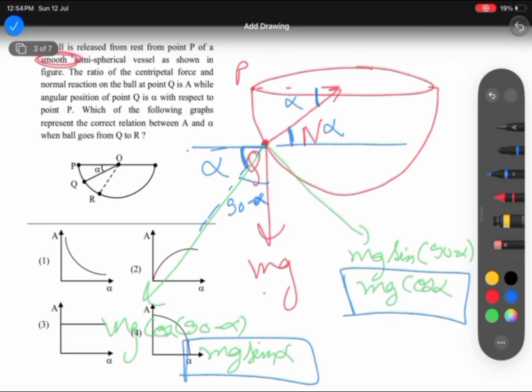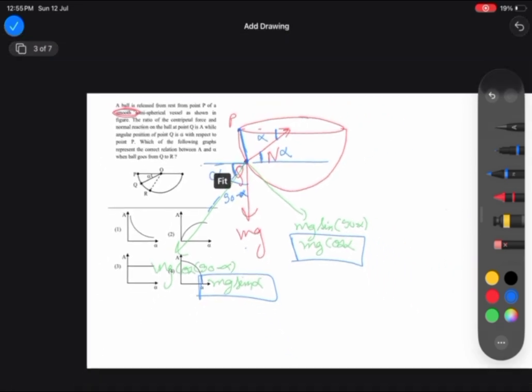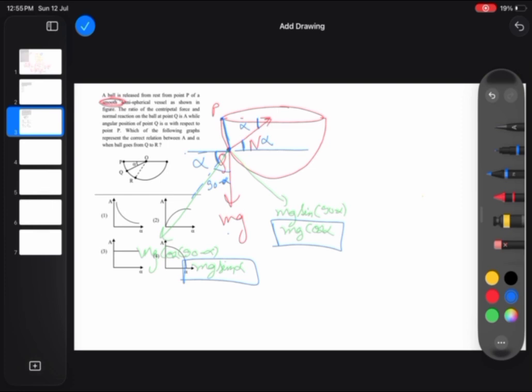Now since the ball is released from point P to Q, by applying energy conservation, the change in potential energy will be equal to the change in kinetic energy. So from point P to Q, mgh will be equal to half mv square.